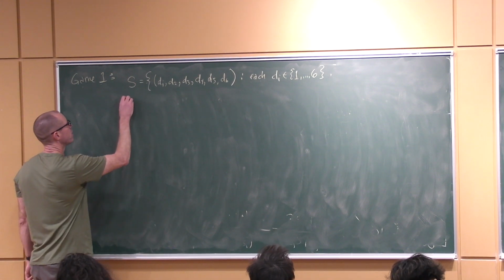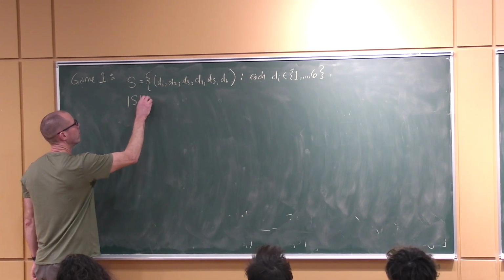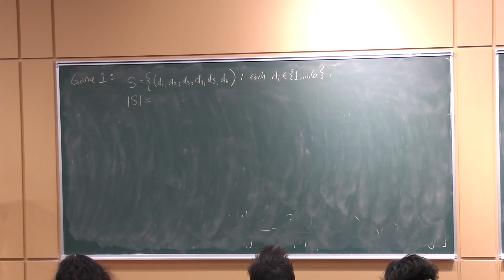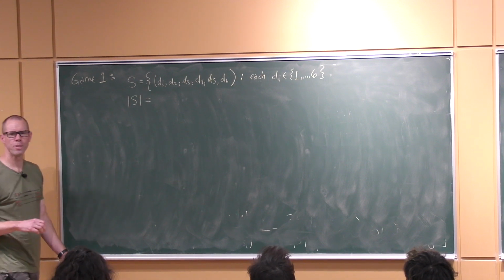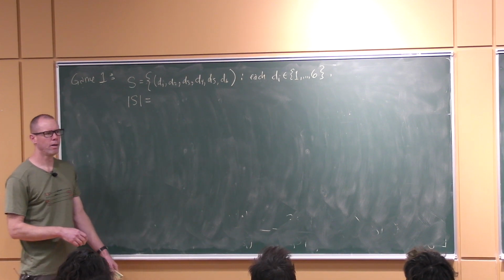So what's the size of this set? This is the easiest kind of application of the product rule. Maybe the only confusing part is that 6 appears twice here, but that just means you can't get the answer wrong.